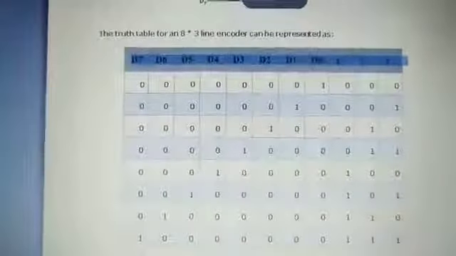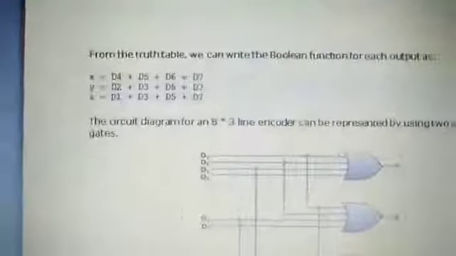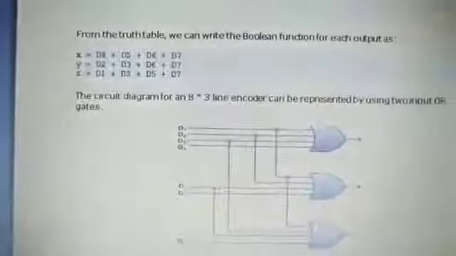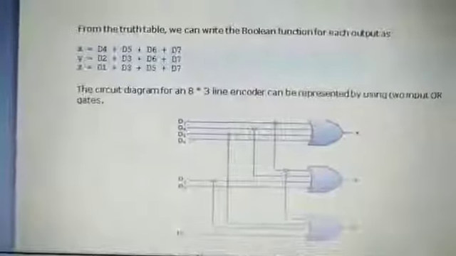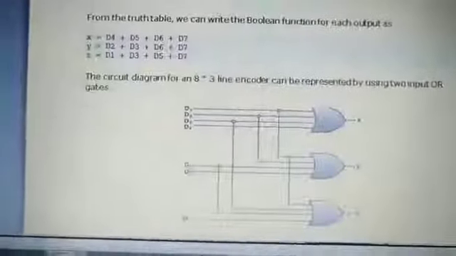From the truth table, we are able to understand that Y0, the first output, that is X, will be selected when we club D4, D5, D6 and D7.